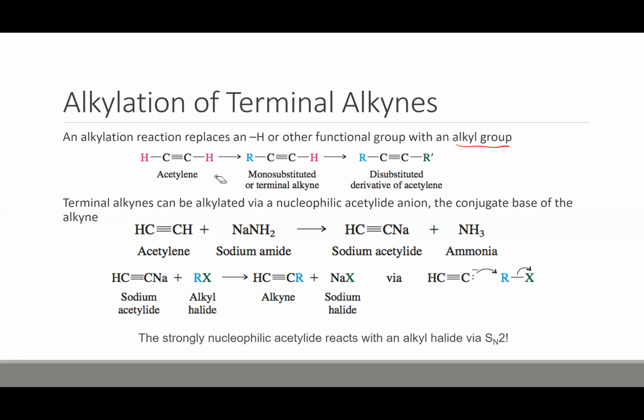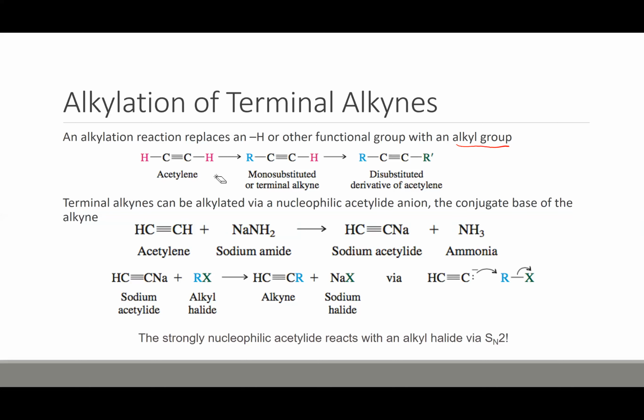They can't be an internal triple bond. So these terminal alkynes can be alkylated, so we can put on a new group first by making them an ion. So there's a prior step of making them an acetylide anion to then add on the alkyl group.